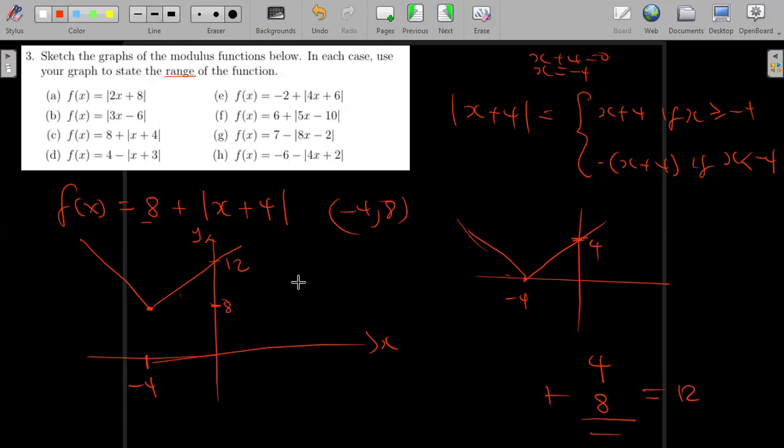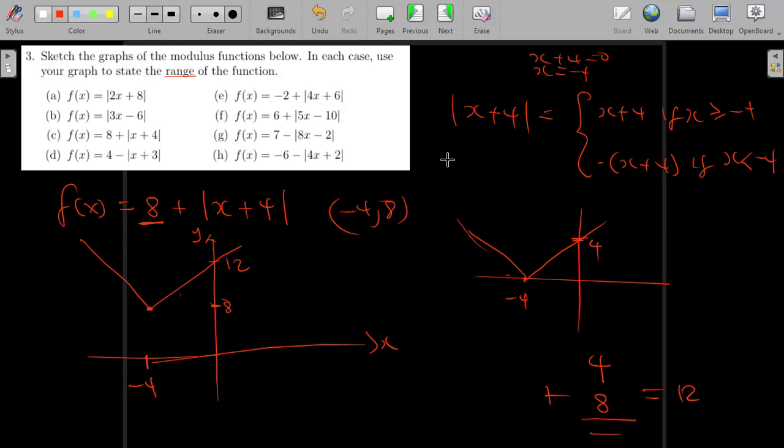Okay, so this 8 which is being added here is what we're calling the vertical shift. So this 8 indicates that the graph has shifted 8 units above the starting point.